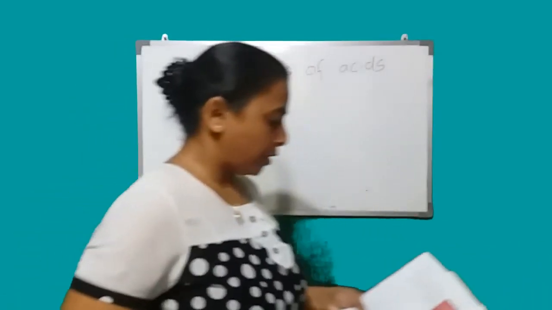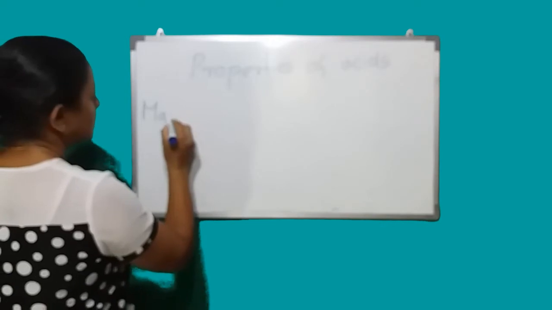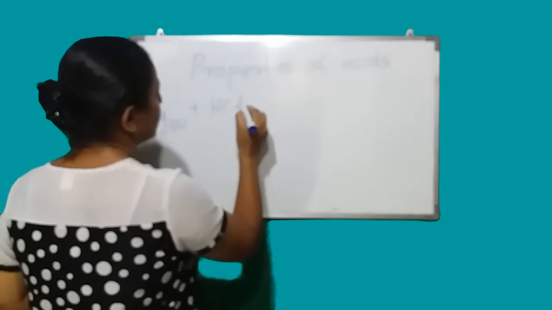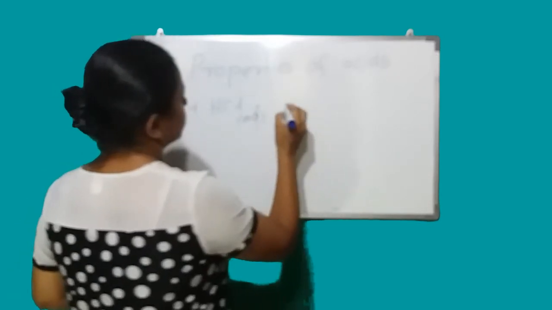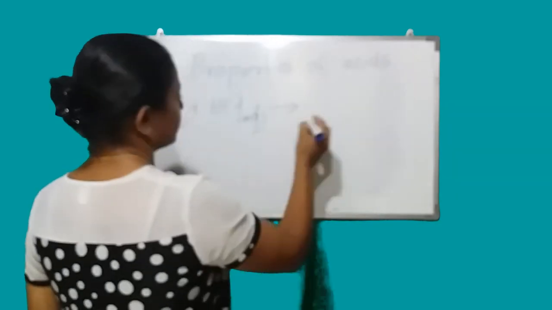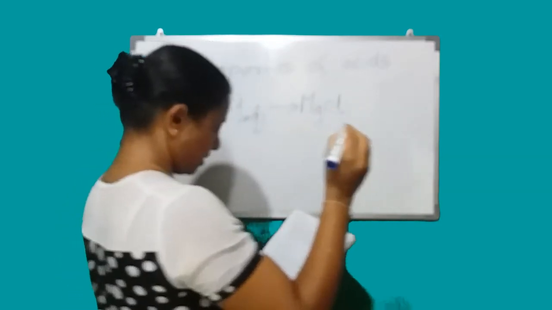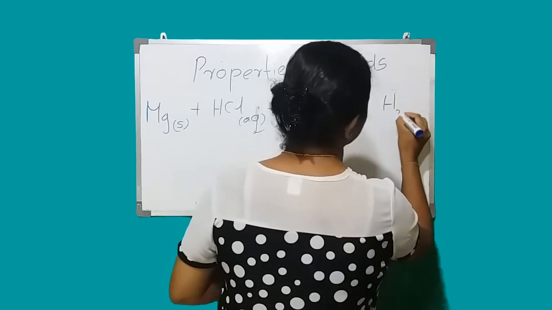We see magnesium solid reacts with HCl acid in aqueous medium, then forms magnesium chloride plus hydrogen gas.